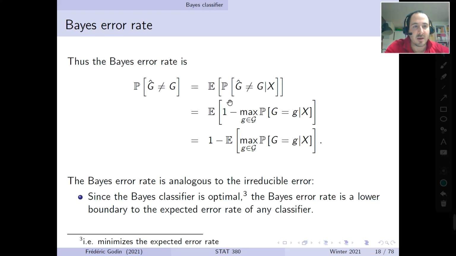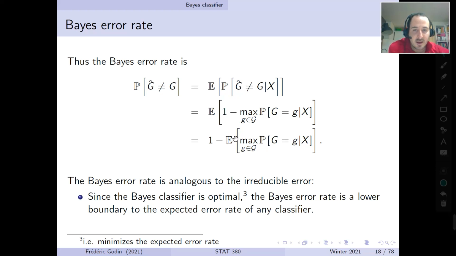And here, as we had in the previous slide, when we fix the value of the predictors, the probability to make a mistake is 1 minus the probability of the most likely class given these predictors. The 1 can go out here, and what we obtain is 1 minus the unconditional expectation of the probability associated with the most likely class.